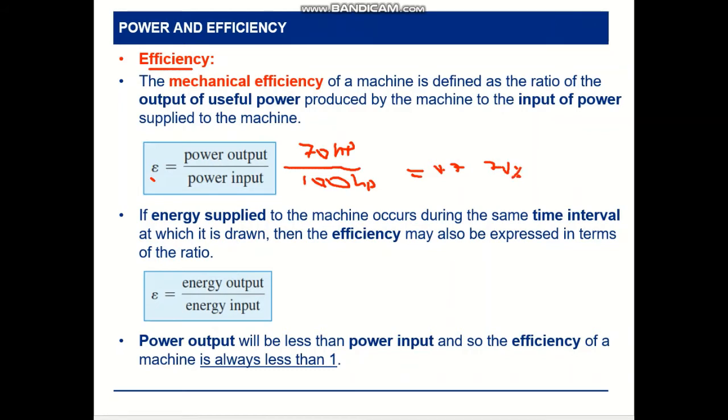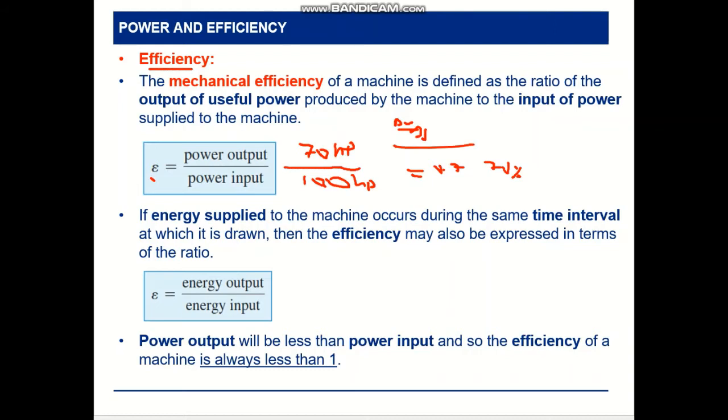If energy supplied to the machine occurs during the same time interval at which it is drawn, then the efficiency may also be expressed in terms of the ratio of energy output to energy input. We know that power is delta U over delta T, right?